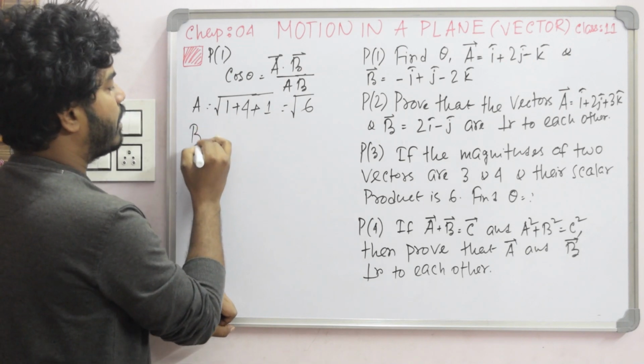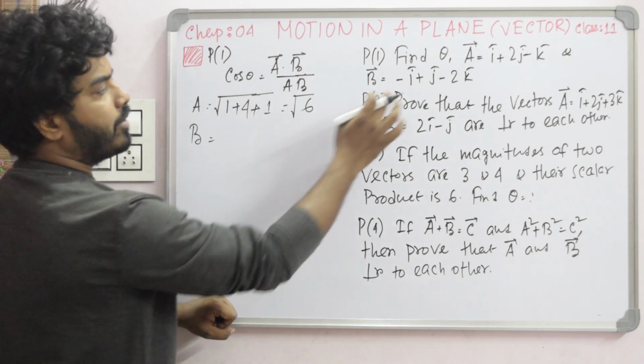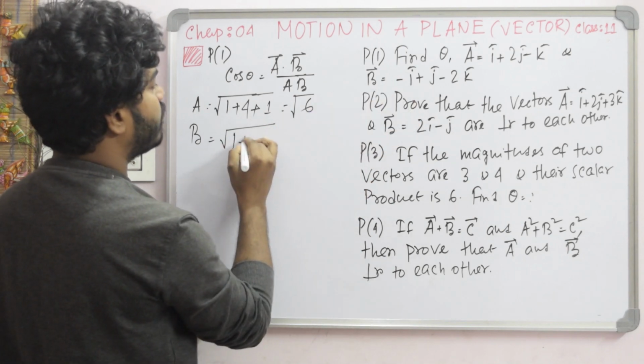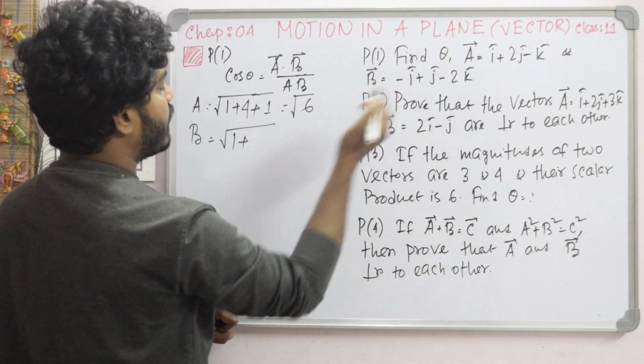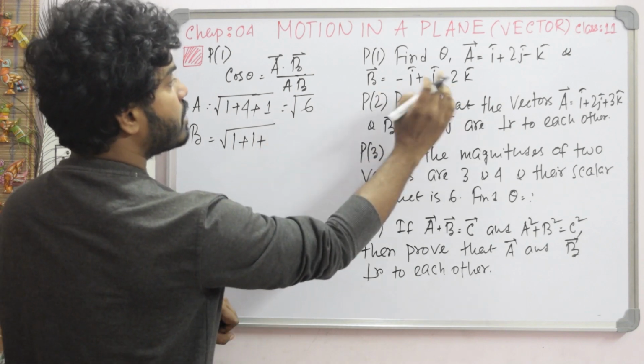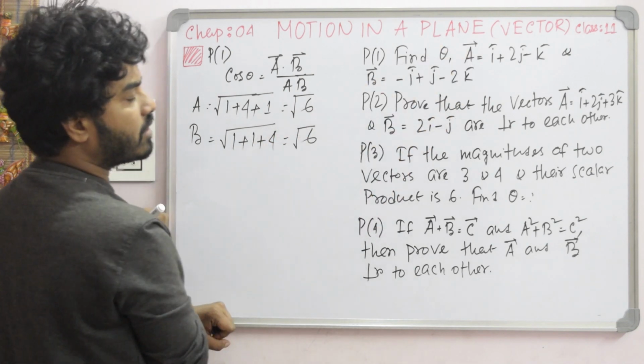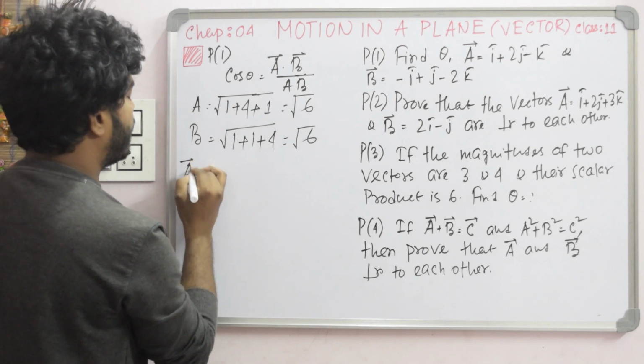Now find the value of b: minus 1 squared is 1, plus 1 squared is 1, plus minus 2 squared is 4, so this gives root 6. Now find a dot b.